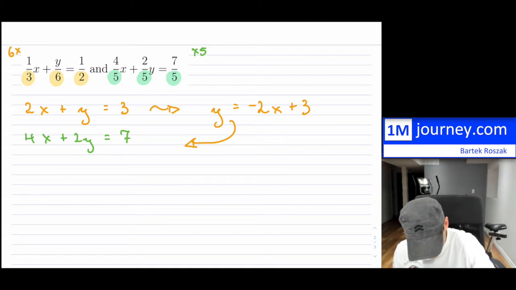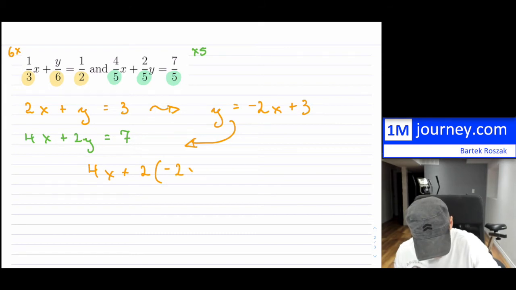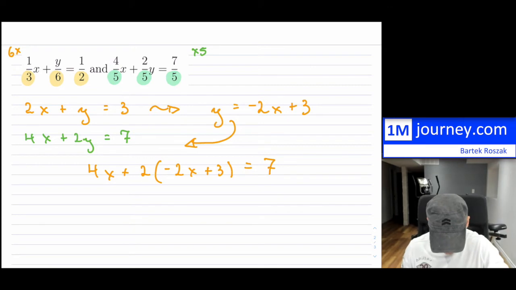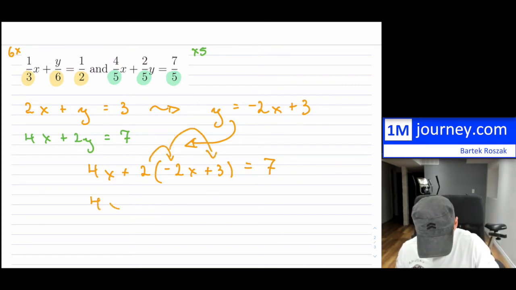I'm going to get 4x plus 2 times y, where y is negative 2x plus 3, equal to 7. Bringing this 2 inside is going to give me 4x minus 4x, because that's 2 times the 2x, and then plus the 6 equals 7.